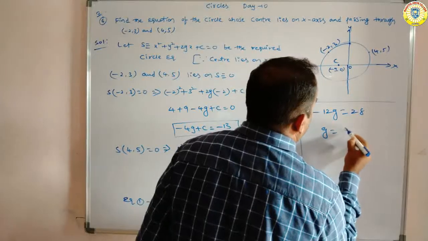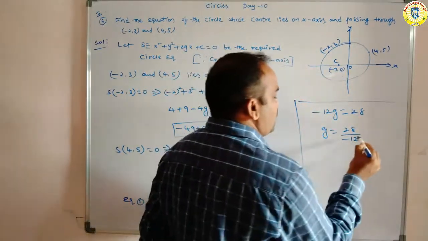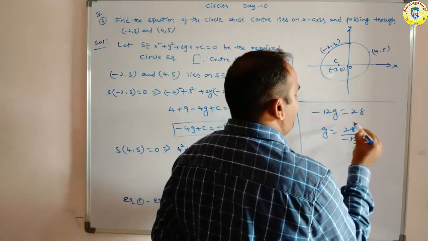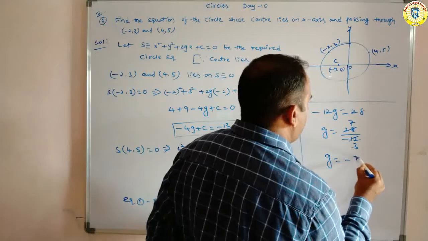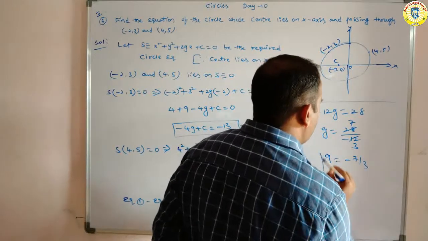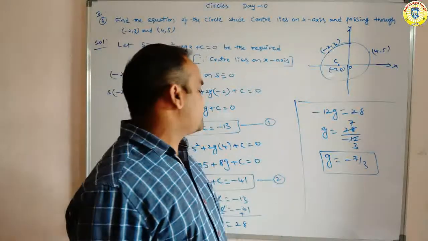G is equal to 28 by minus 12. 4 3s are 12, 4 7s are 28. That's why g is equal to minus 7 by 3. So g is equal to minus 7 by 3.